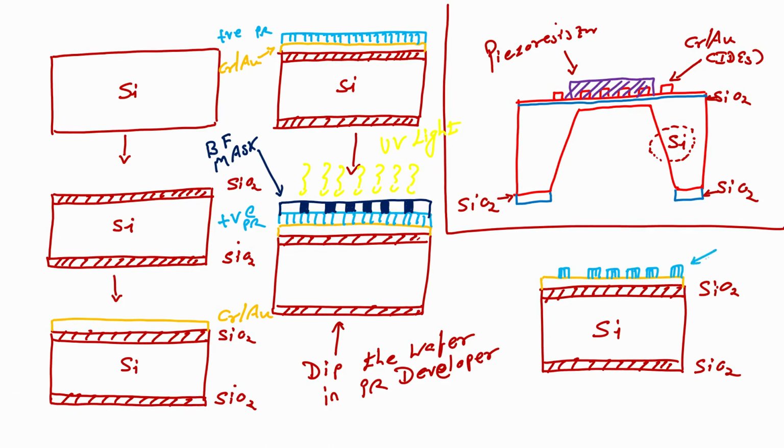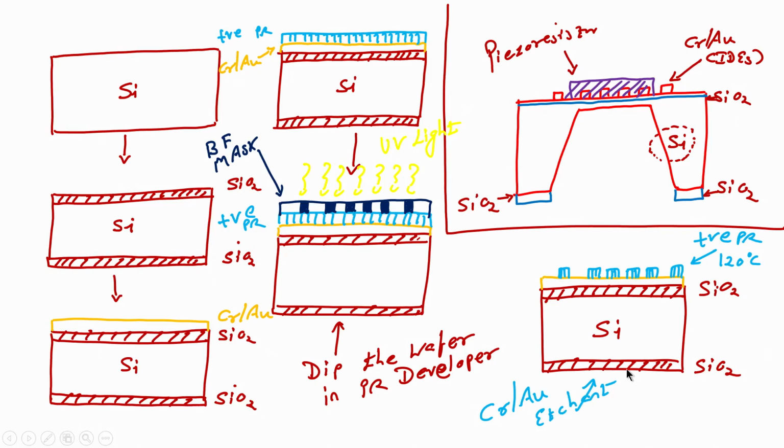This is my positive photoresist. Now, I will perform hard bake. Hard bake is done at 120 degree centigrade for 1 minute on a hot plate. When I go for hard bake, what is the next step? Next step is I will dip this wafer in chrome gold etchant.